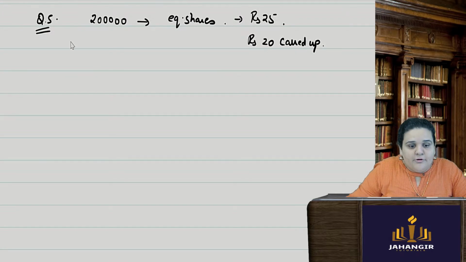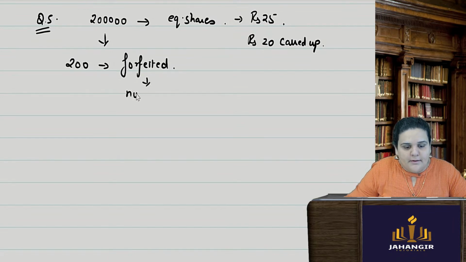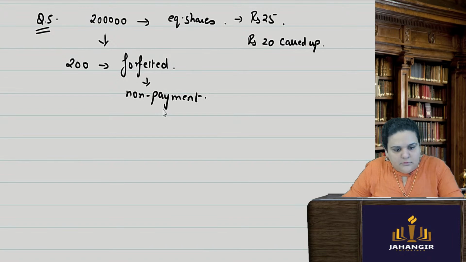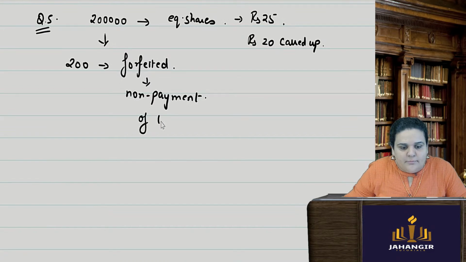Out of this 2 lakhs, 200 shares they are telling me have to be forfeited. Why do they have to be forfeited? For non-payment of first call. The shareholder failed to pay the first call money. First call money is rupees 10.